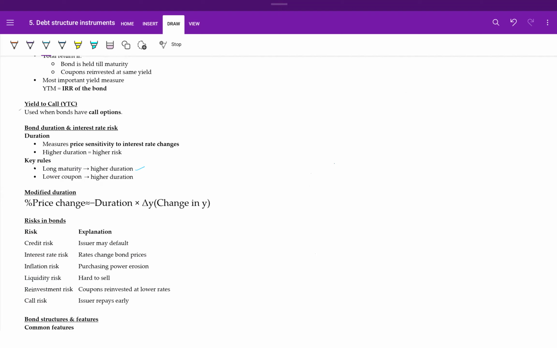You bought a bond, let's say at 5%, and over time you received periodic coupon payments. If the market interest rate falls, and you can only reinvest those coupons at 2% or 3%, your overall return will end up lower than expected.